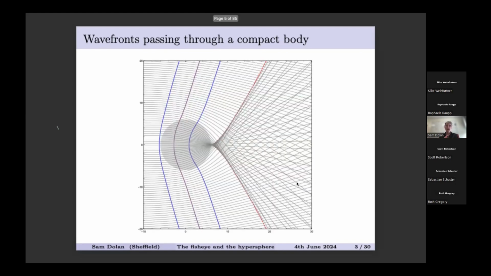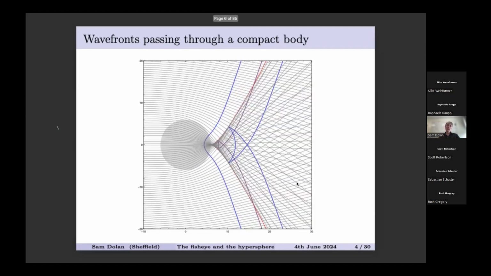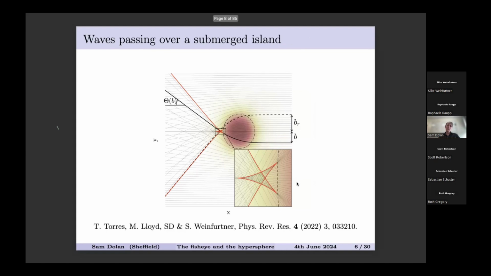Okay, so that's an example of a cusp caustic, and it arises very naturally anywhere where we've got some kind of slowing down in a wavefront. With some colleagues in Nottingham and elsewhere, Theo Torres, Max Lloyd, and Silke Weinfurtner, we began to think about waves passing over submerged islands, where if the depth of the water decreases, the wave speed slows down, and so you get some kind of analogous effect.